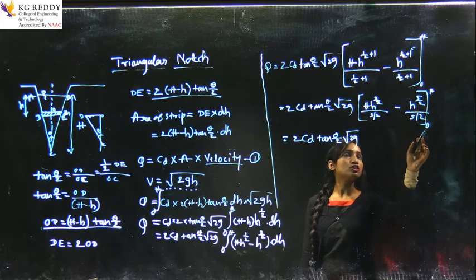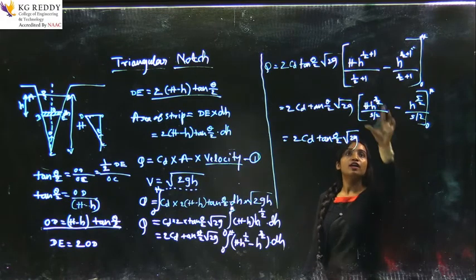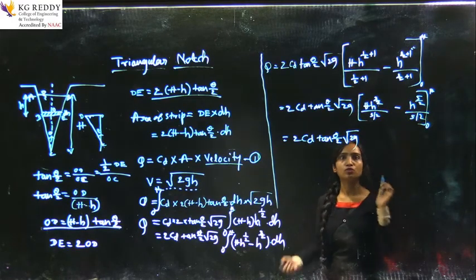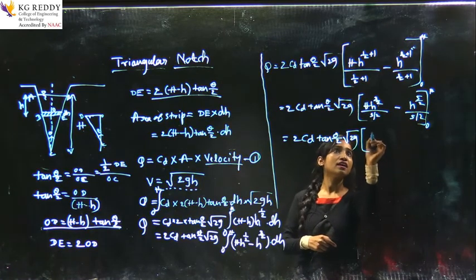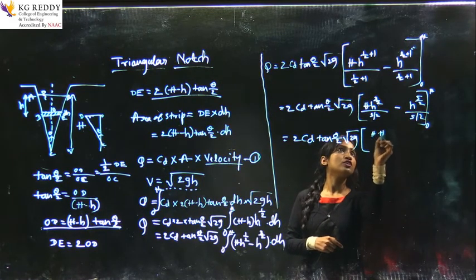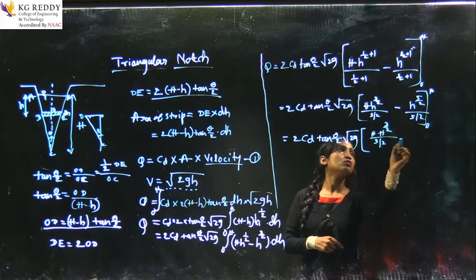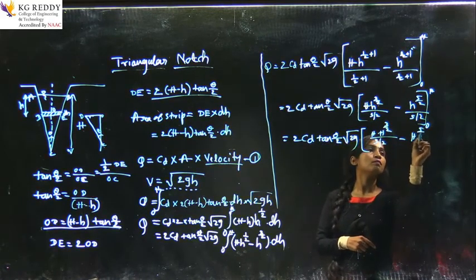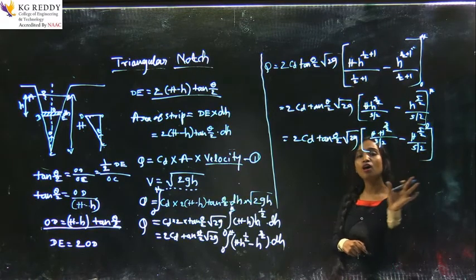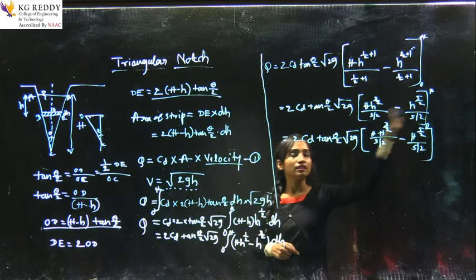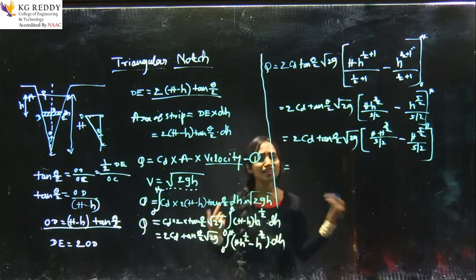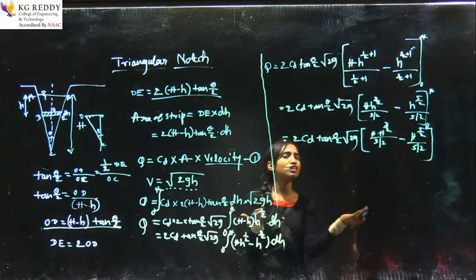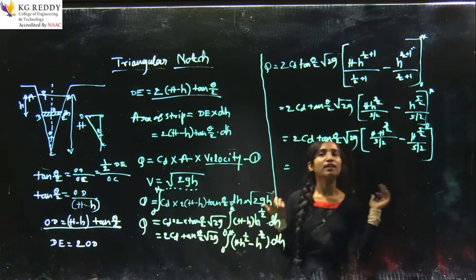If I substitute 0 instead of h, it will become 0. So, the remaining term is H into H raised to 3 by 2 divided by 3 by 2 minus H raised to 5 by 2 divided by 5 by 2. Now I applied the limits. Nothing very difficult, just substituting and simplifying the terms.